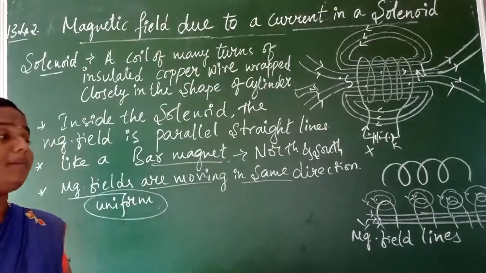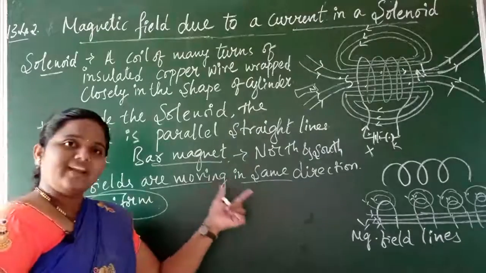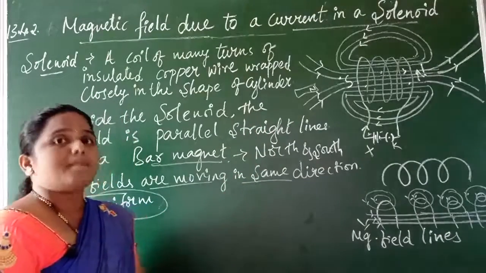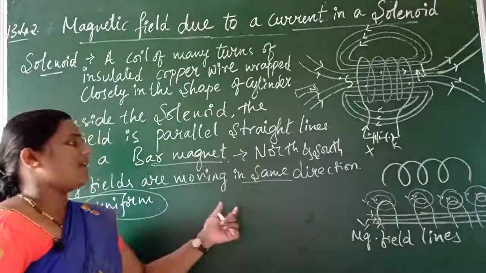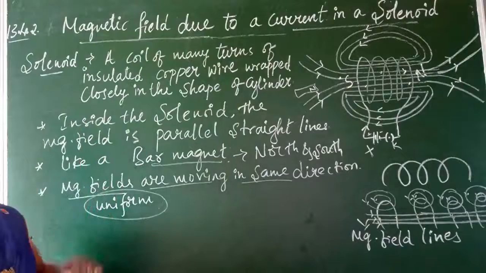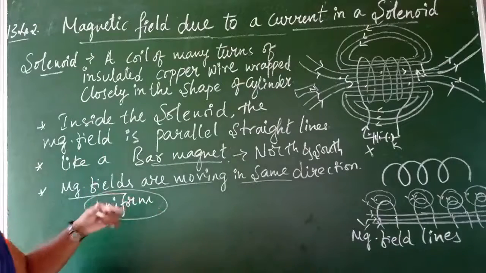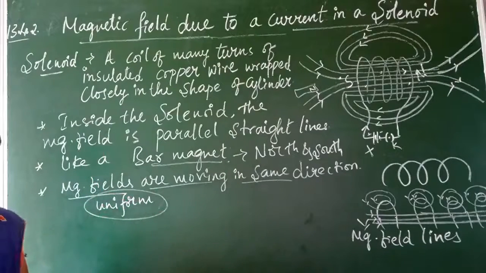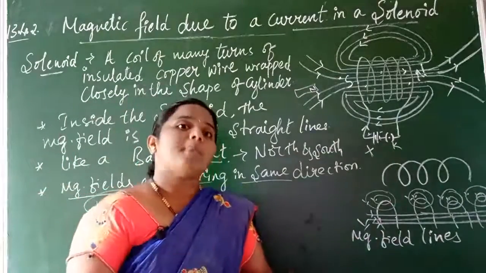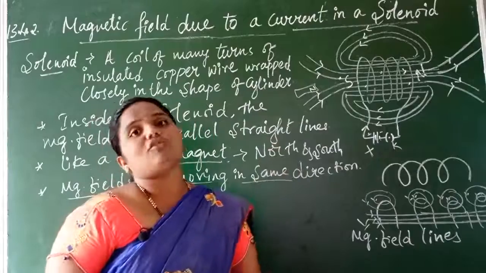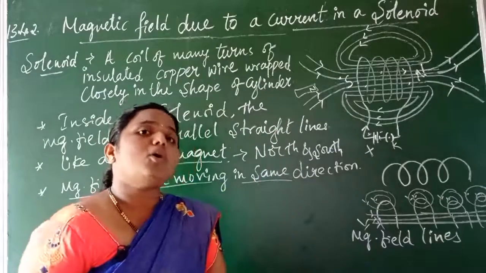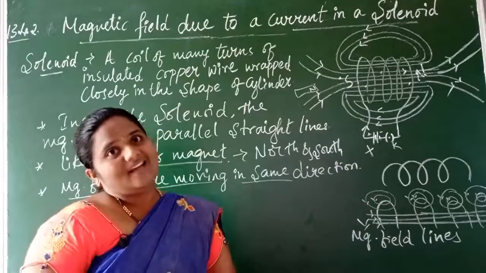You have to write: because all the magnetic field lines inside the solenoid move in the same direction, as parallel straight lines, and because of that the magnetic field inside the solenoid is uniform. Because of that reason we can produce a strong magnetic field in a solenoid, isn't it?